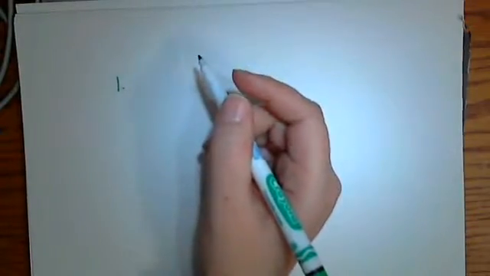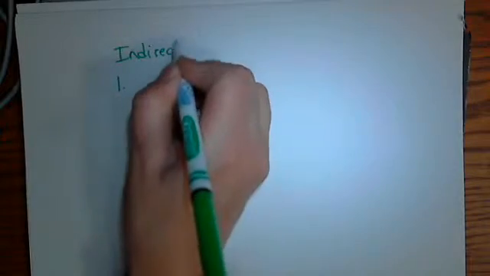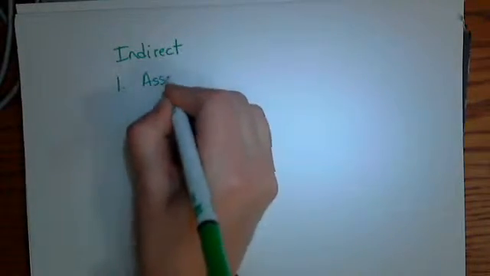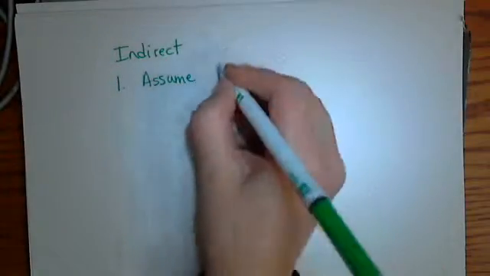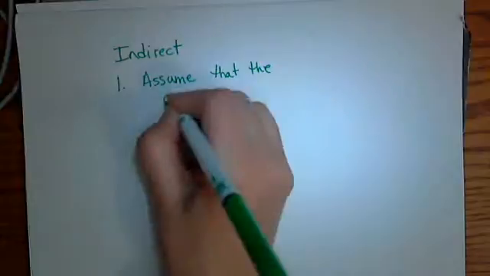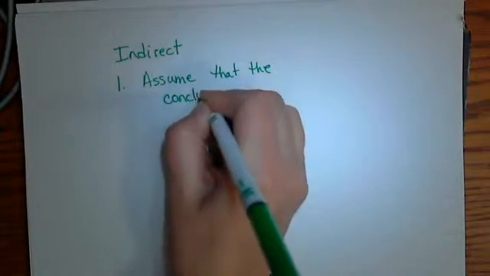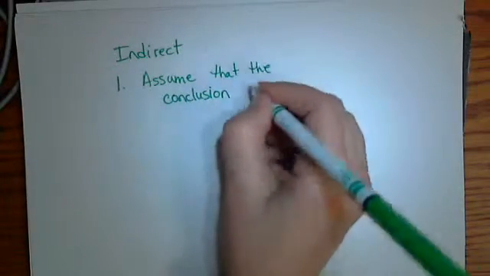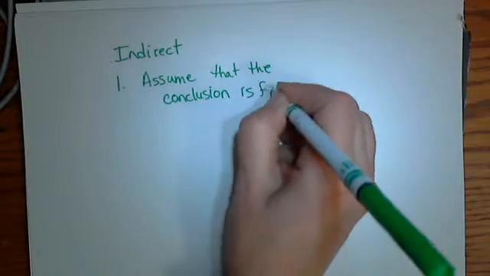So there are going to be three distinct steps. The first step in any indirect proof, remember that's what we're trying to do, is to assume that the conclusion is false. What this means is that you're going to look at what you're trying to prove.